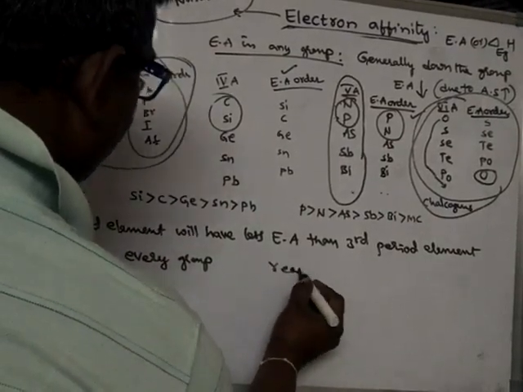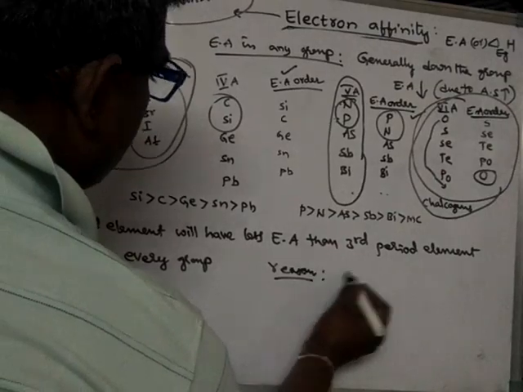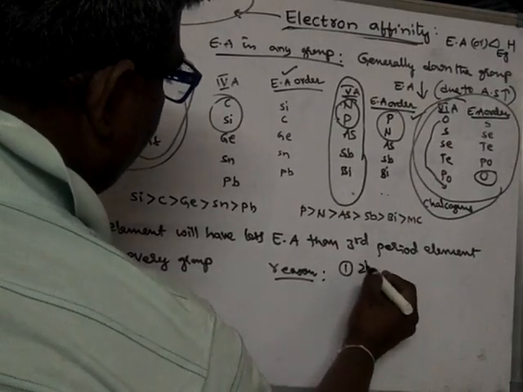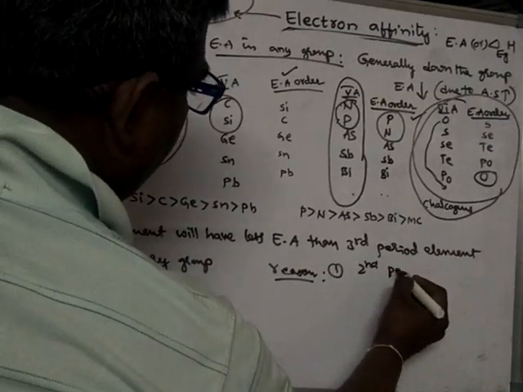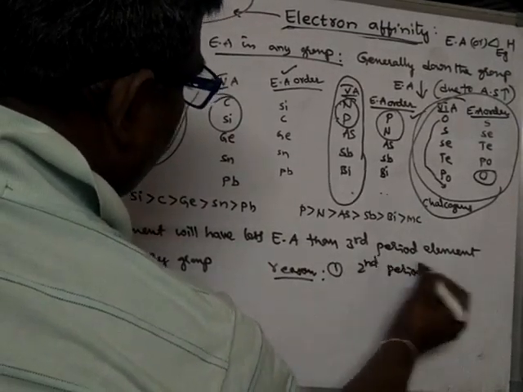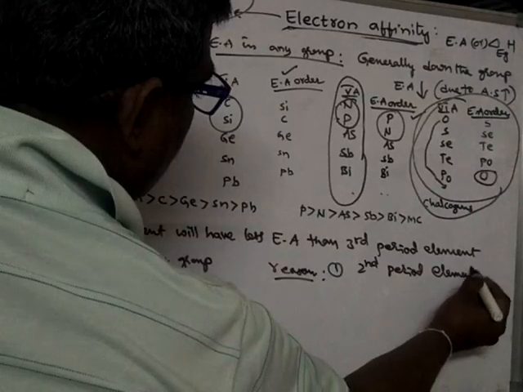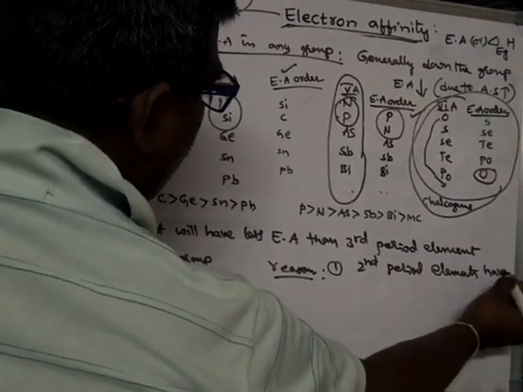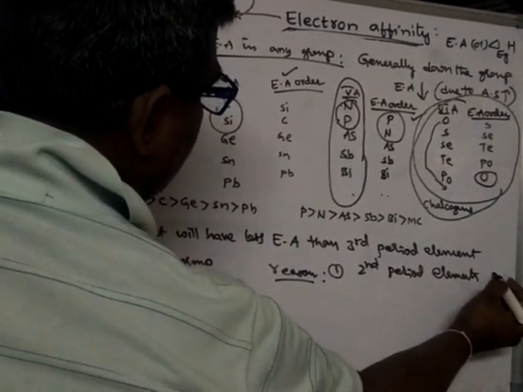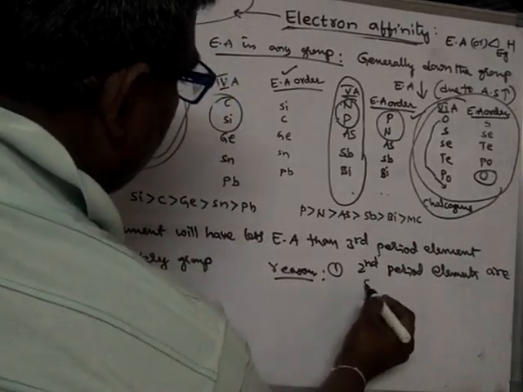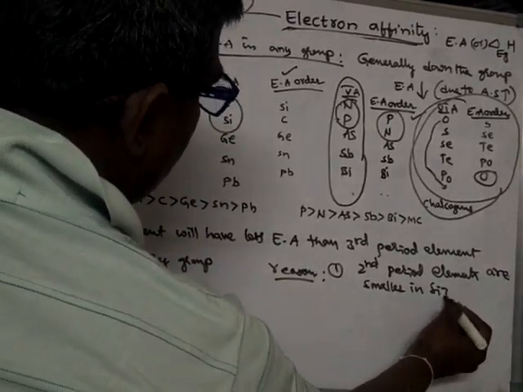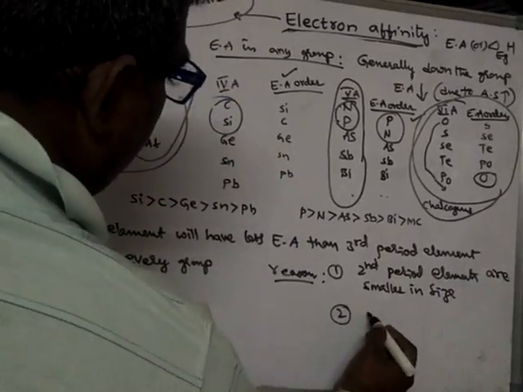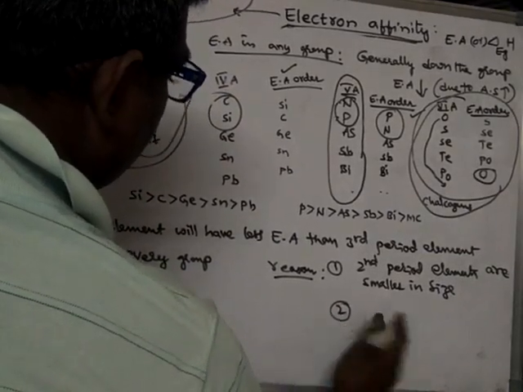I am writing the reason: second period elements are smaller in size, and have greater interelectronic repulsion.